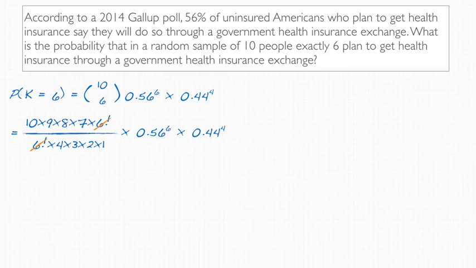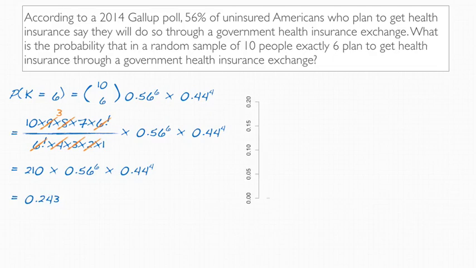And moreover, the 4 and the 2 cancel with the 8. We can actually simplify 3 and 9, and what we get is 10 times 3 times 7, 210 possible scenarios, times the probability of one scenario gets us to the same answer, 0.243.